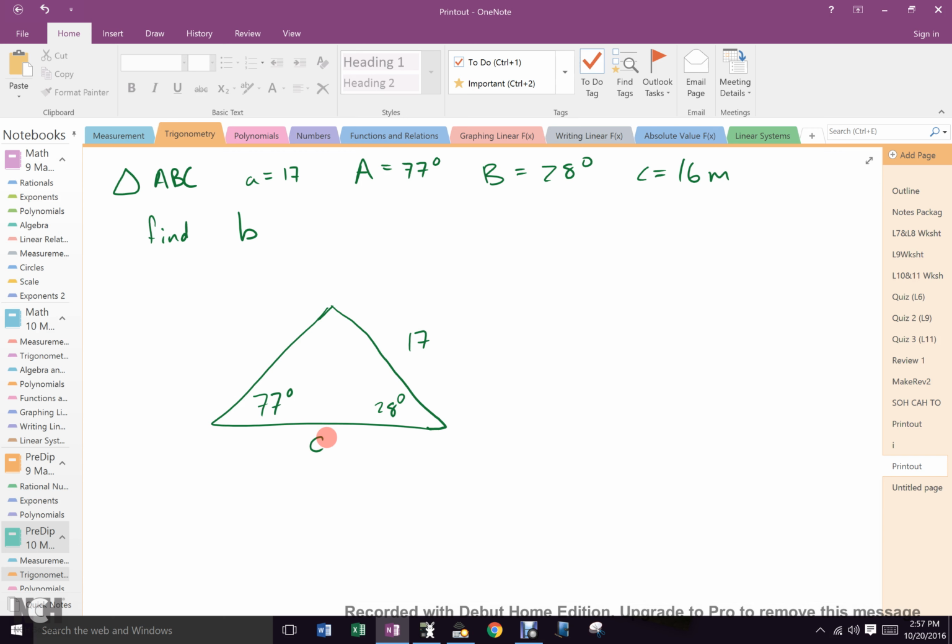Now, how do I find little b? Well, I look for a pair. Can I make a pair? Of course I can, because this is 180 minus 77 minus 28, which is 75.